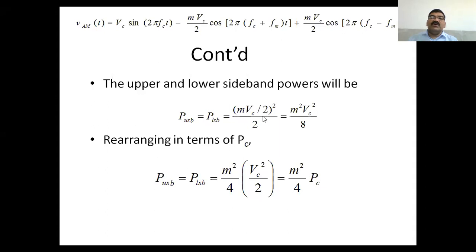So it becomes 4 into 2, 8, so M square VC square by 8. This is the power in one sideband, either upper or lower.